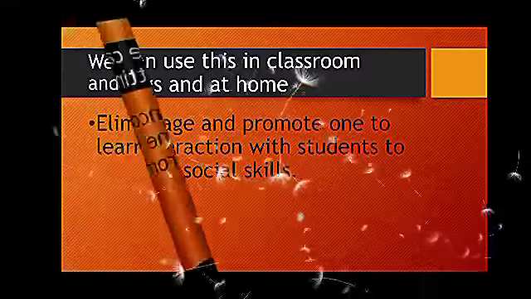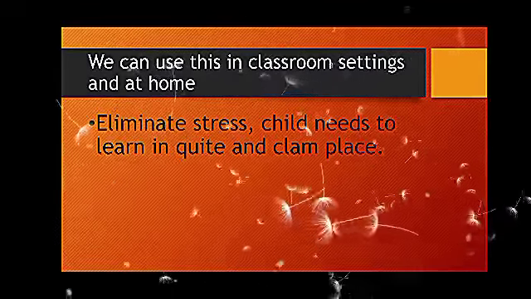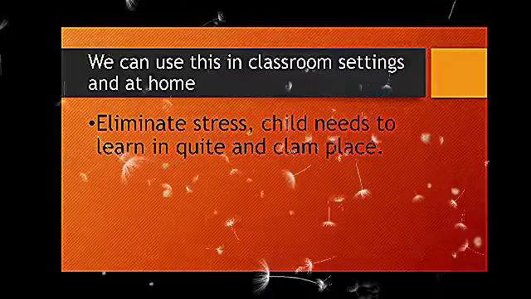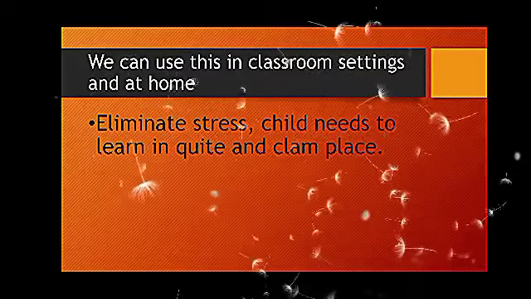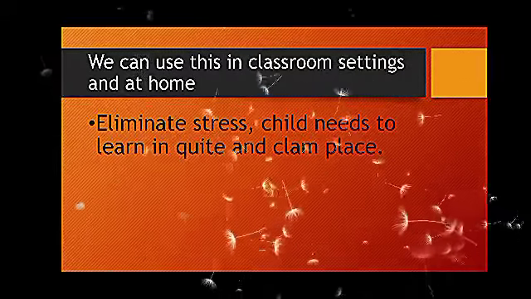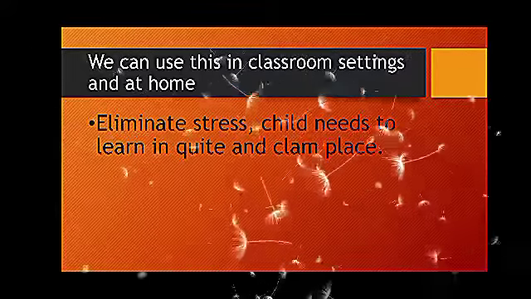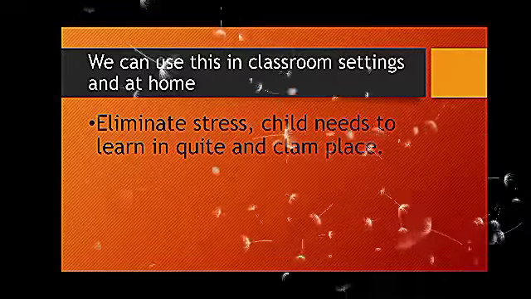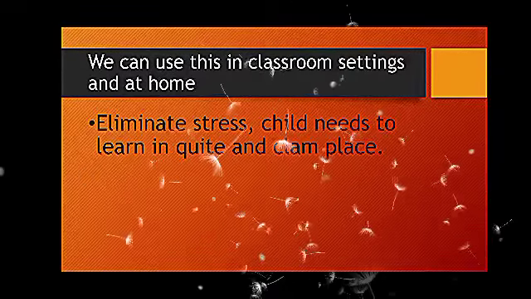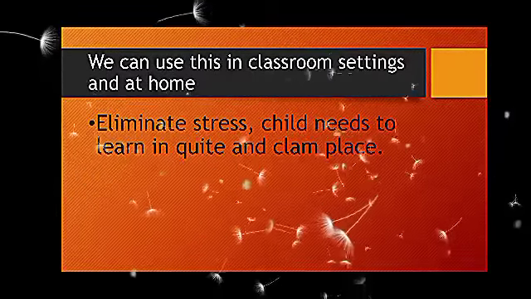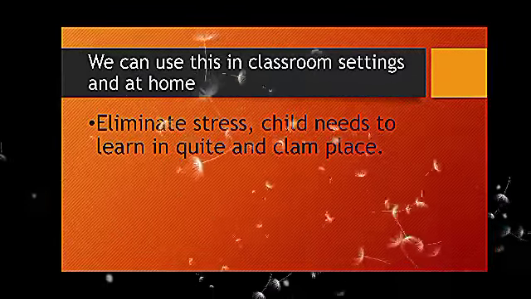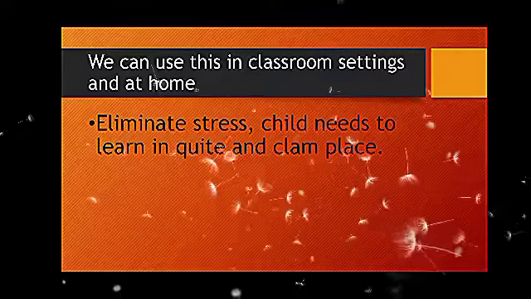Next is eliminate stress. A child needs to learn in a quiet and calm place. Obviously, whenever we are learning something, we always make the environment suitable for learning. A soothing place, a beautiful place, a calm place, a quiet place where we can easily learn, where we can easily process the information, and provide the information to the child easily.